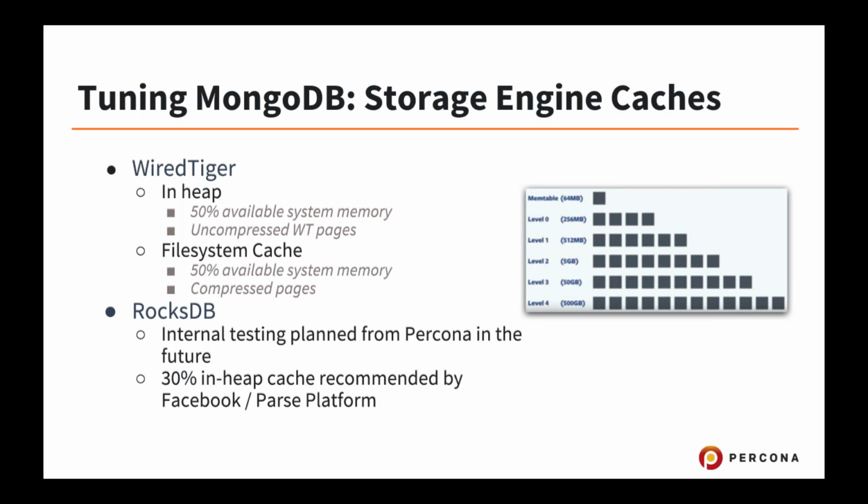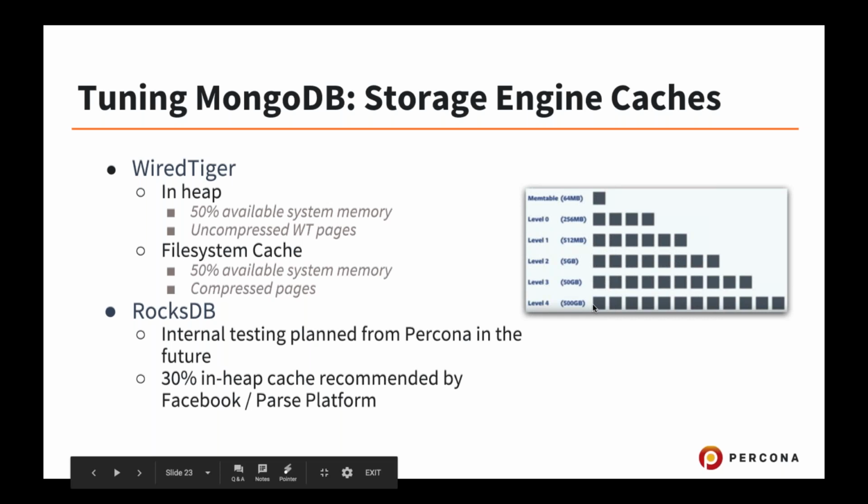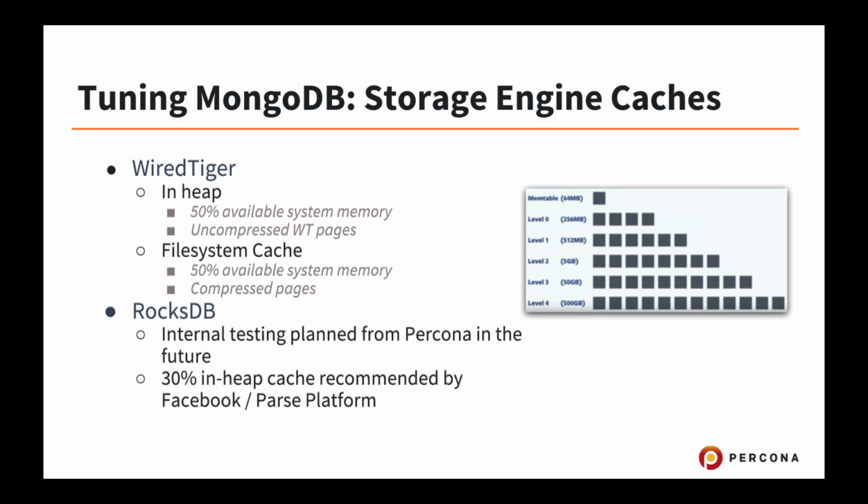But the key with RocksDB is data is written once, and the data files are never updated after. So they're completely immutable, and there can be some duplication between the levels. So the levels are actually representing kind of a top to bottom set of changes to the data that are being compacted down to, in the diagram on the right, eventually level 4, which would be the bottom level as changes happen.